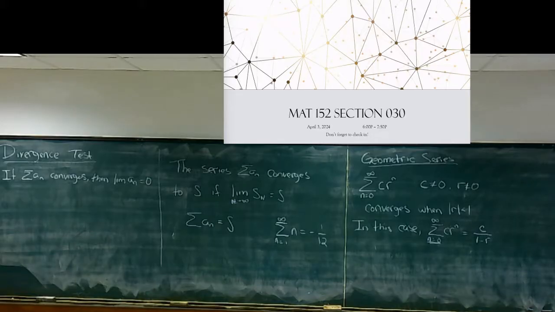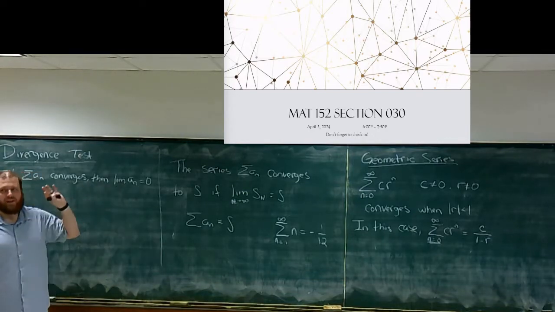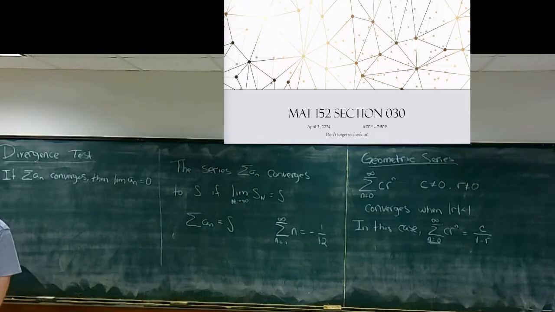If your series converges, then the nth term converges to 0. Again, remember, whenever I'm talking about limits in this case, it's always n goes to infinity. I'm just not going to write it.